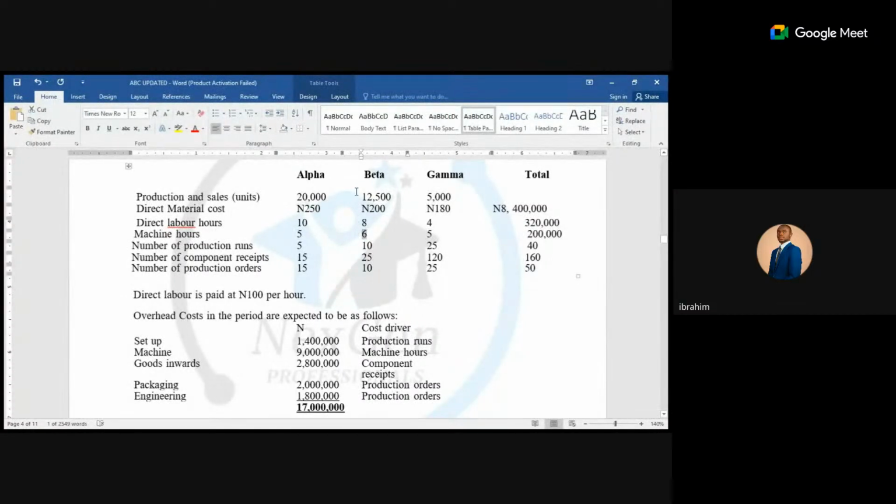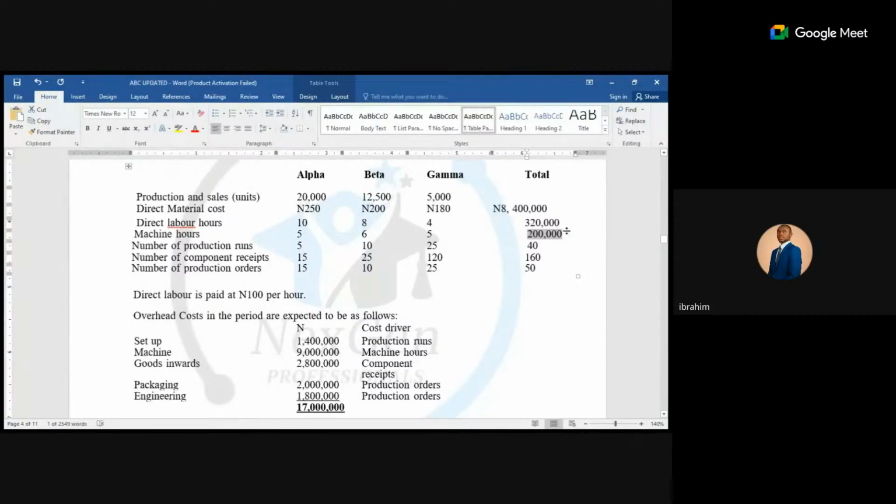If you multiply it with 12,500 units, you have the total number of hours it will take to produce them. So we're given the total to be 200,000, and we will just use the 200,000 hours.